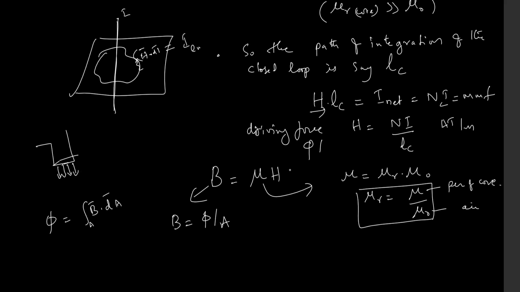So this area normal is again along the flux direction, and the normal vector of this plane surface area is also along this. So the dot product is maximum, so it is just the product of B into A. These are scalars, these are vectors. In textbooks it will be bold in nature, but I can't draw here. Now these are scalar quantities: flux density magnitude, and area of cross section, right?